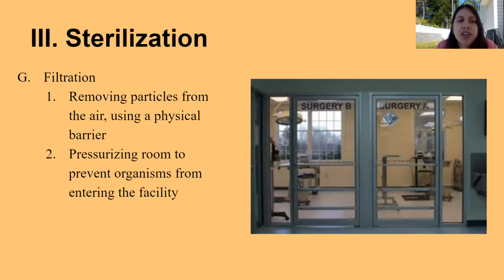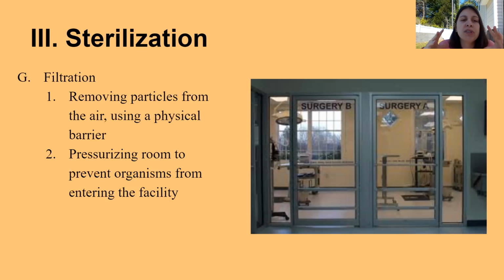And filtration is important for sterilization. Think of it like ventilation. Especially with the surgical suite, you want to make sure that the air is clean. You don't want air filtering through, and you lay out your clean, pristine surgical tools and then the air gets on them and microorganisms are there.